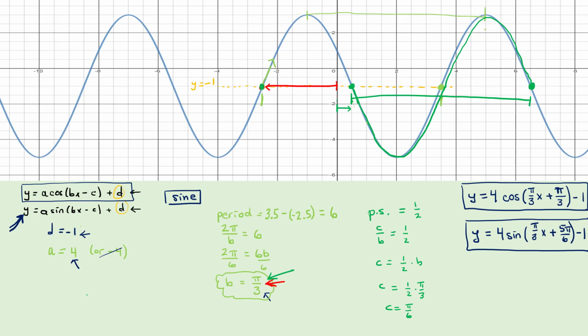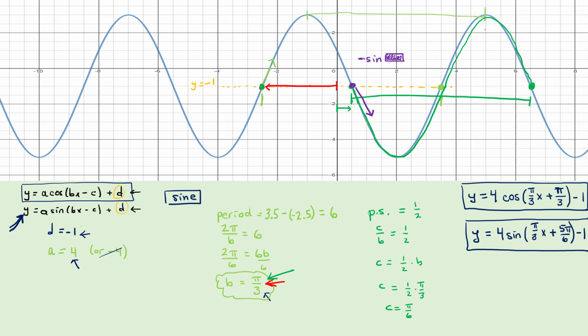Now here's the other thing. This is what I really wanted to point out. If I think about my period starting here, then we start by going down. That means we're not going to have a sine function. We're going to have a negative sine function. This is just supposed to be like a blank. So sine of something.